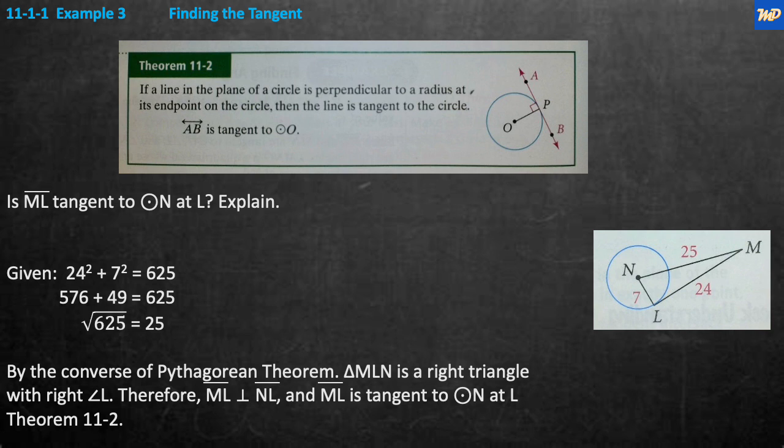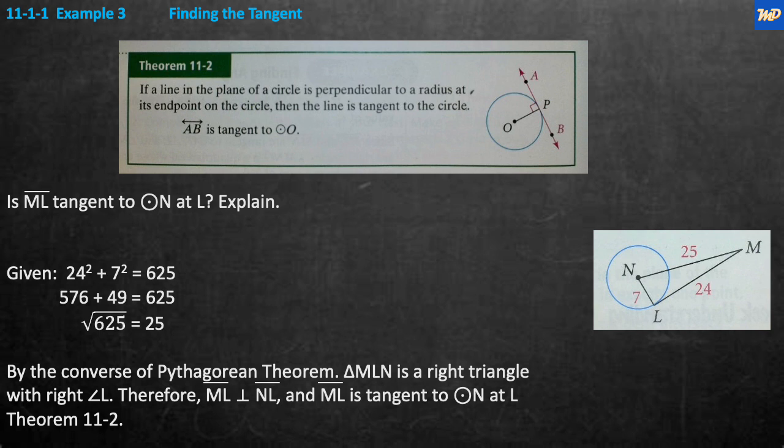Could be a segment, it could be a ray, anything you want, but they're saying that the line touches the circle at one point, at point P, and the radius extends from O to P, and Theorem 11-2 says that this line is tangent. So AB is tangent to the circle at that point.